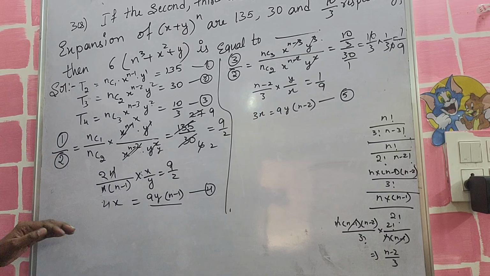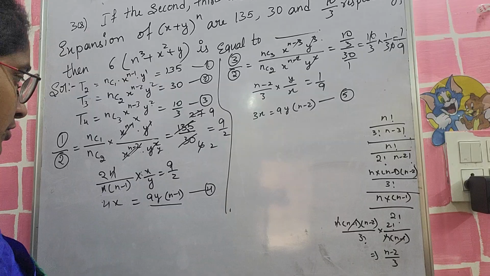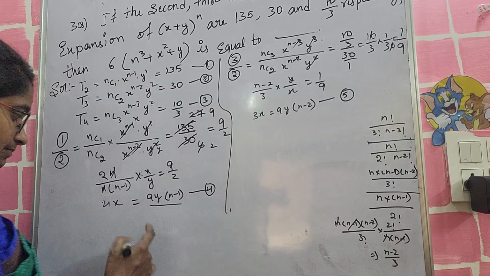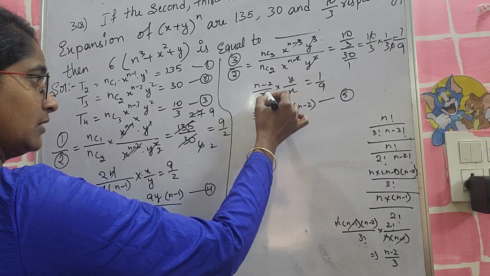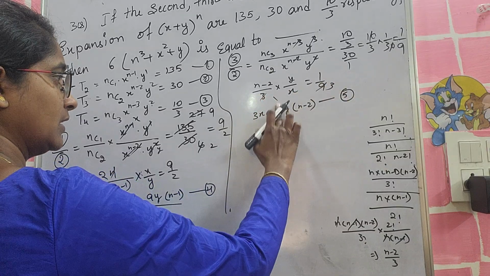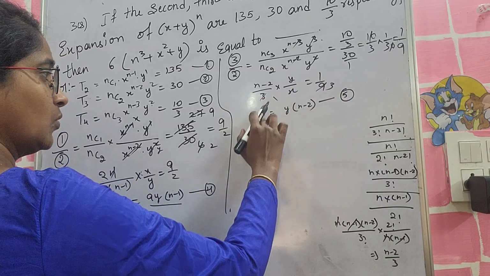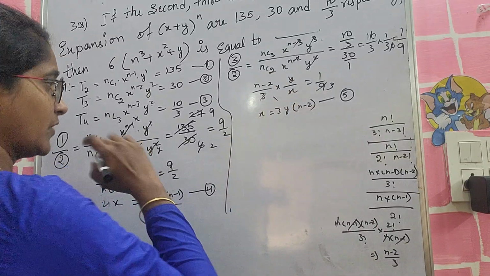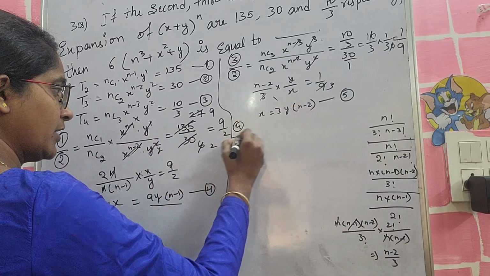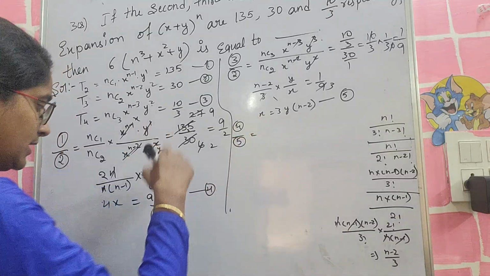Now see, I'll divide these both also. What am I going to get here? So here, can I cancel 3 1s, 3 3s? Then here is only x, right? X, and then this is a 3. Okay. Now equation 4 divided by 5, if I do it, what will I get?